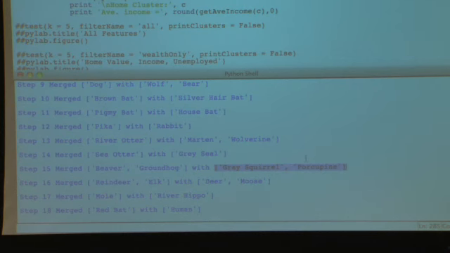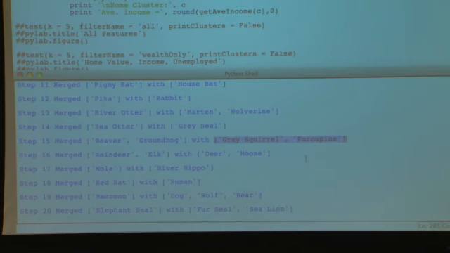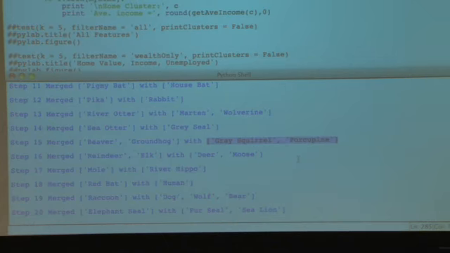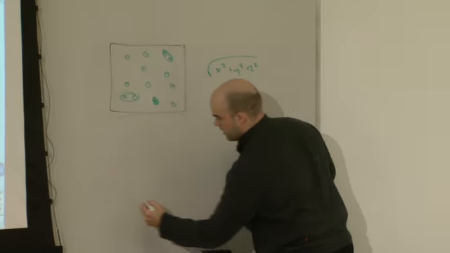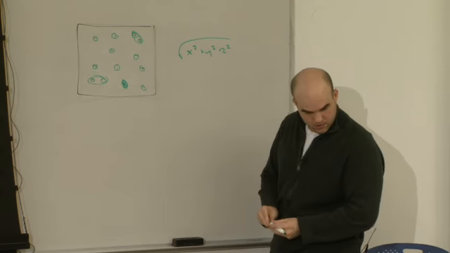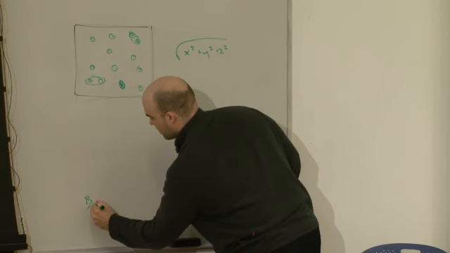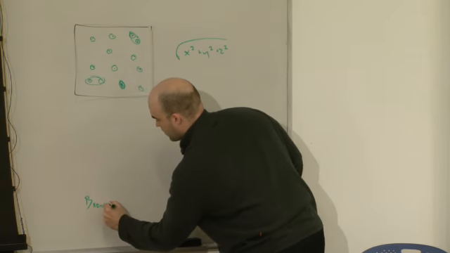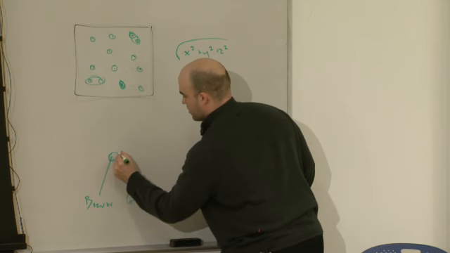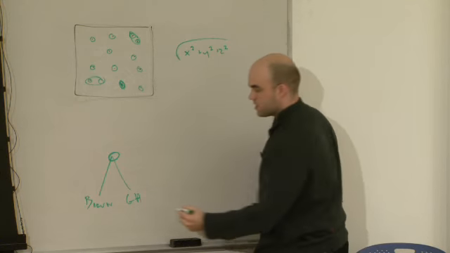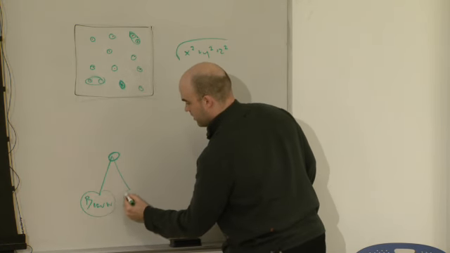If you were to visualize this, the reason why it's called hierarchical clustering is that the beaver and groundhog have been merged into a cluster. They started out as their own clusters and have been merged.